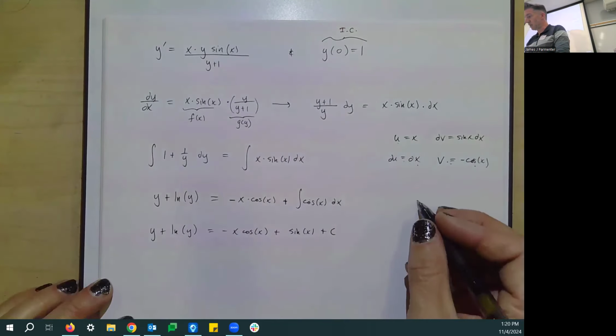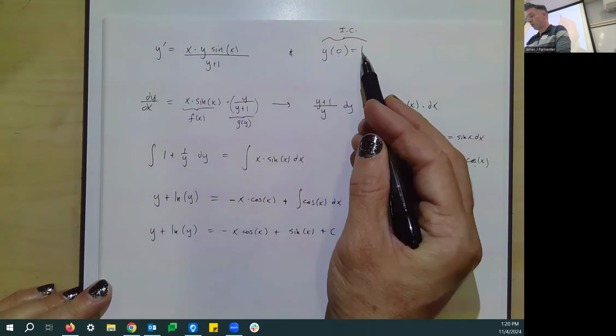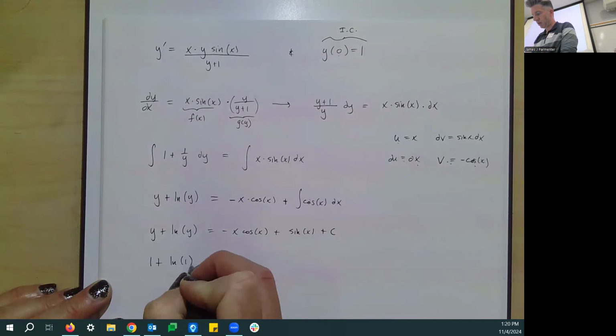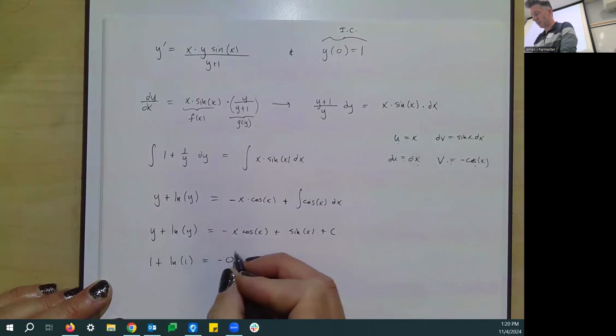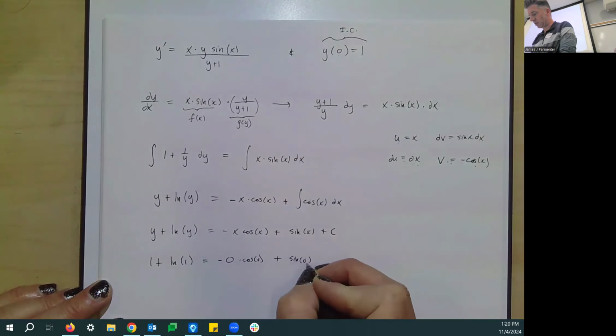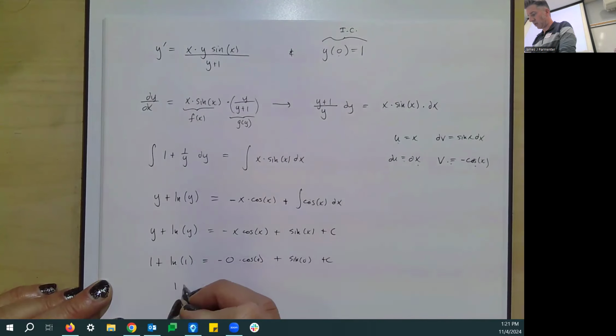So to solve for c, we're going to plug in 0 for x and 1 for y. So we get 1 plus the natural log of 1 equals negative 0 times, it doesn't really matter, plus sine of 0, which is also 0, plus c. So we get 1 equals c.